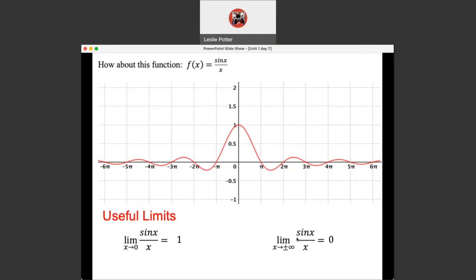But look at this limit, right? We kind of talked about it a little earlier, but here's where we're starting to sneak in a discussion about infinity, right? As x approaches either infinite values, plus or minus. So way out here or way out here, we know that this oscillates, but its hills and valleys get closer and closer to the x-axis, so we know these limits approach 0.